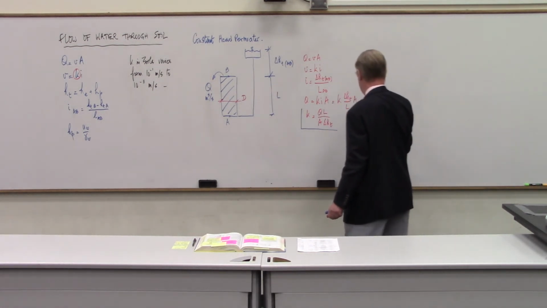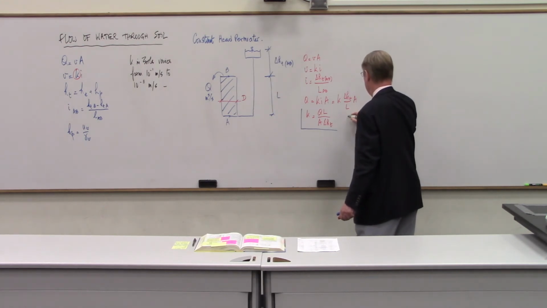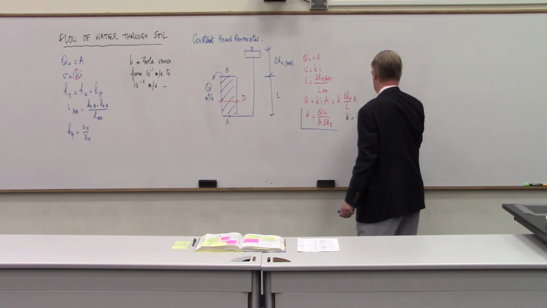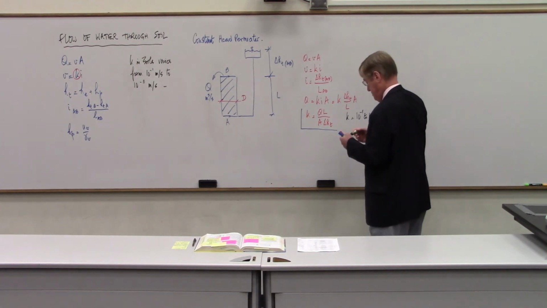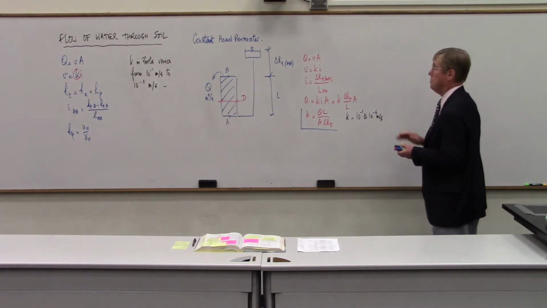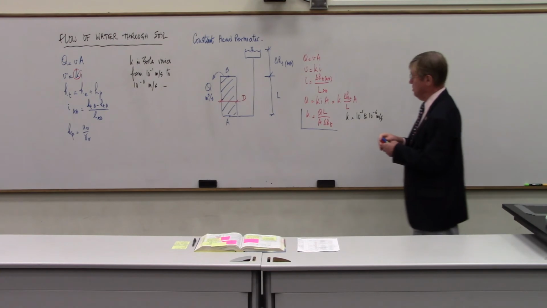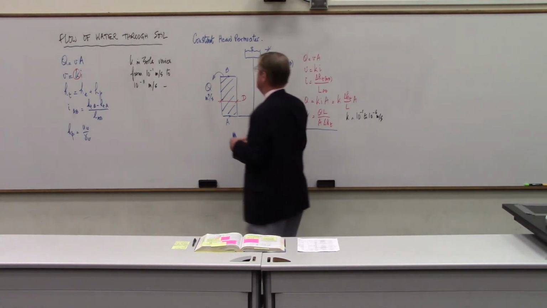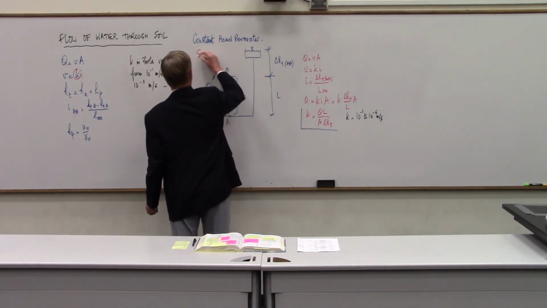And K values here are typically 10 to the minus 1 to 10 to the minus 6 meters per second, something like that. Okay? Constant head permeameter, we use that for sand and gravel.